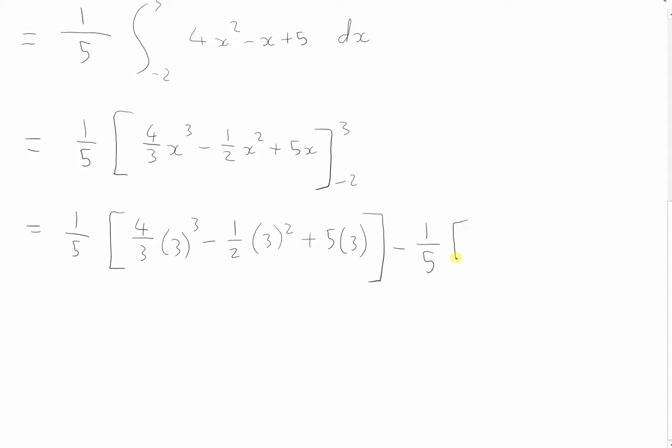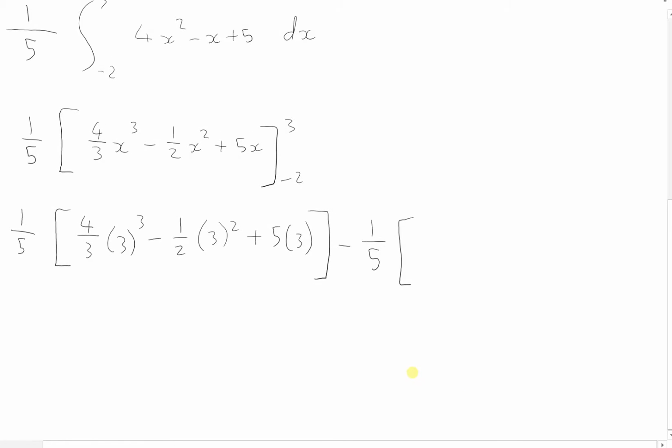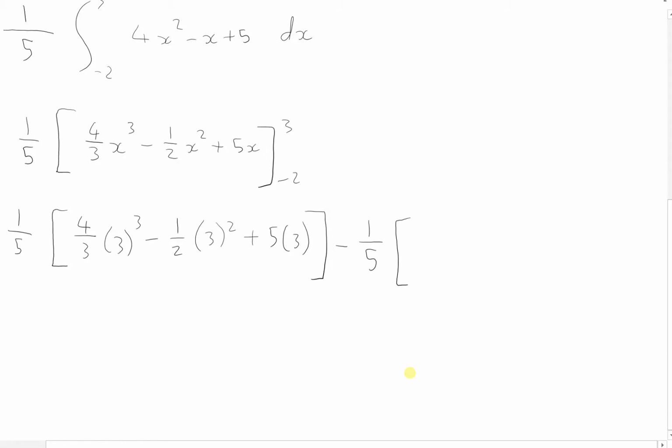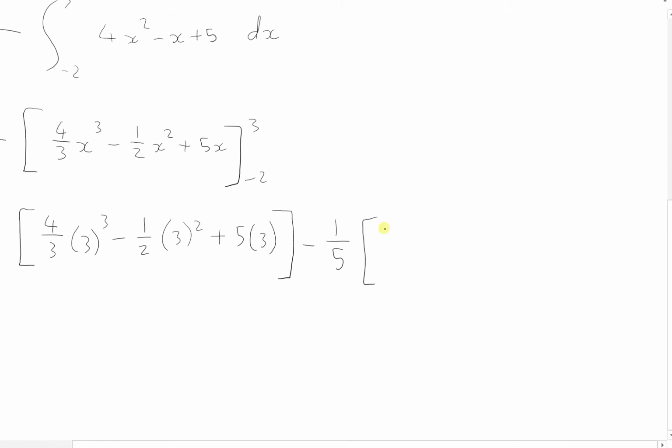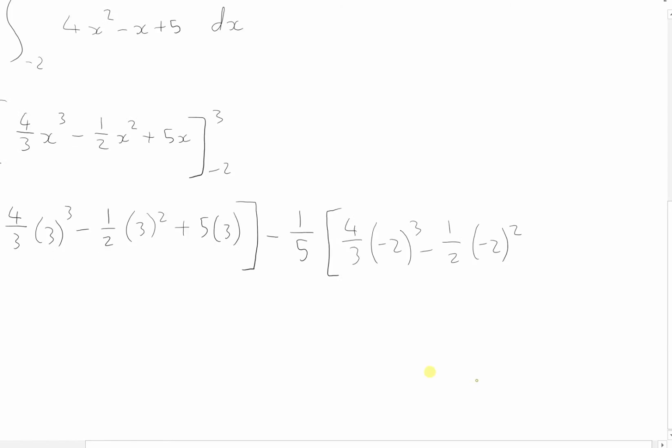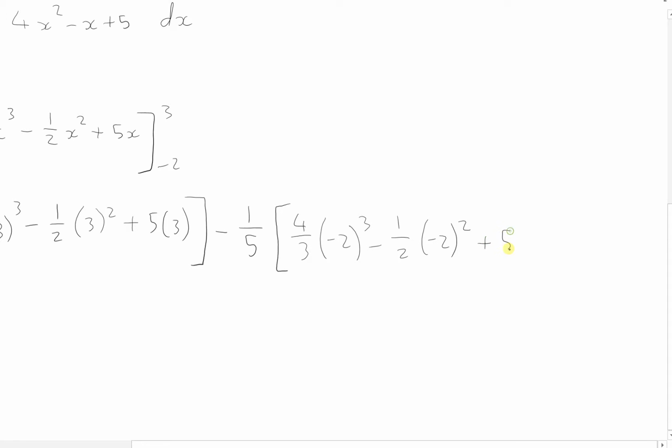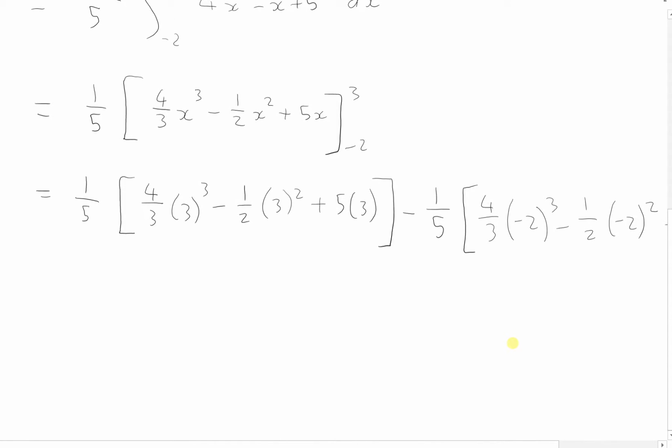Some students I've seen prefer doing this rather than saving the 1 over 5 until the very end. It's up to you, it's preference really. So it's going to be 4 over 3 times -2 to the third minus 1/2 times -2 squared plus 5 times -2. Okay, so let's deal with the first one here.